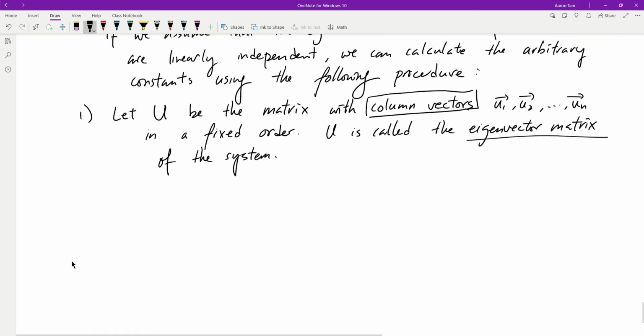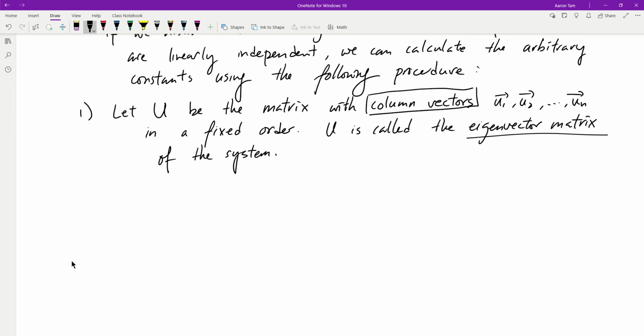Okay? So once we have the eigenvector matrix, now let's do a second matrix, which is often referred to as the eigenvalue matrix. Let capital lambda sub t be the diagonal matrix defined as follows.